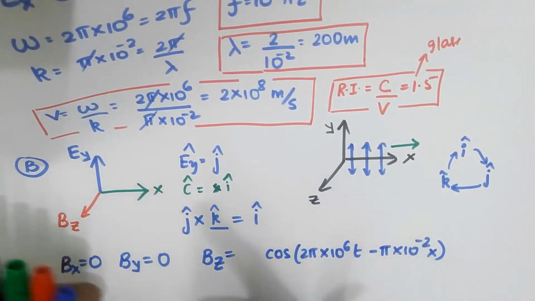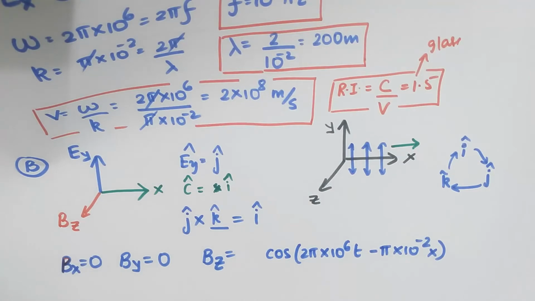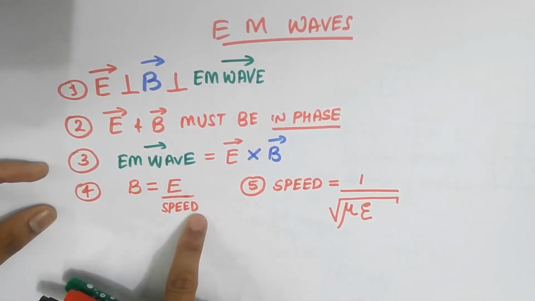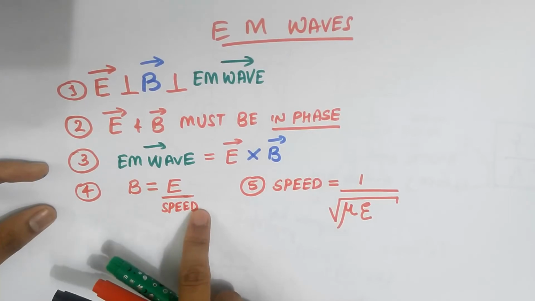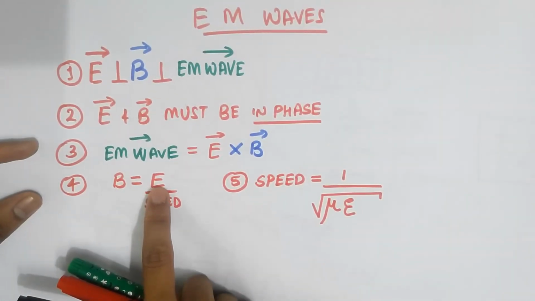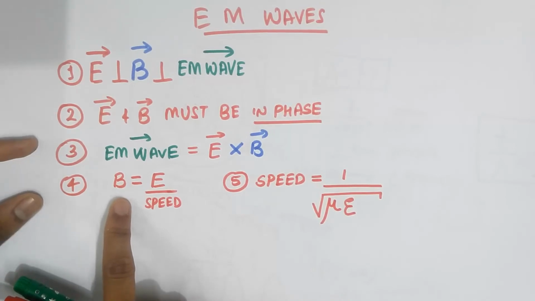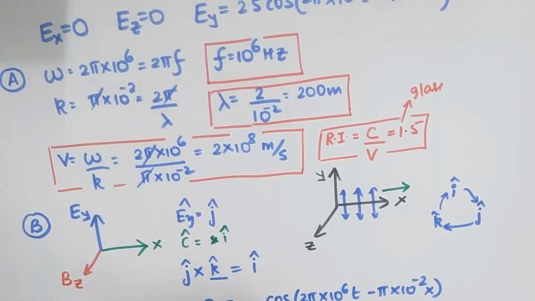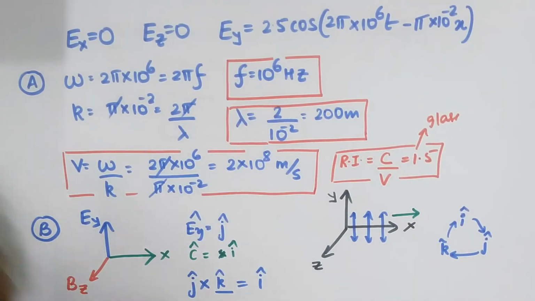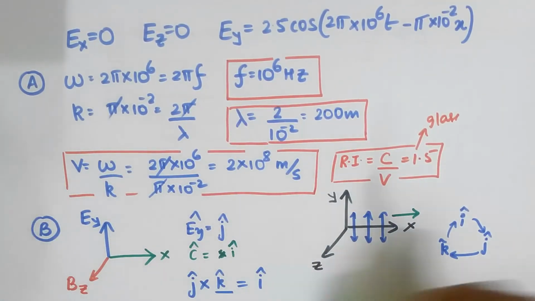To find that something out, we will use something we just learned a while ago. We learned that magnetic field must always be electric field divided by the speed. That must always be true. We know the speed and we know what the electric field vector is, so we can calculate what the magnetic field vector is. Even the amplitudes should obey that particular rule.